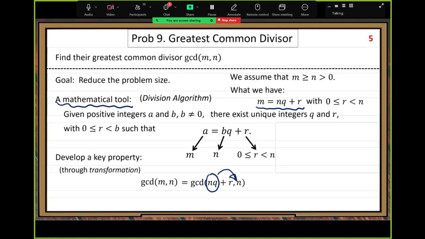Let's look at another, different representation. Let's look at M over N, this fraction, first.